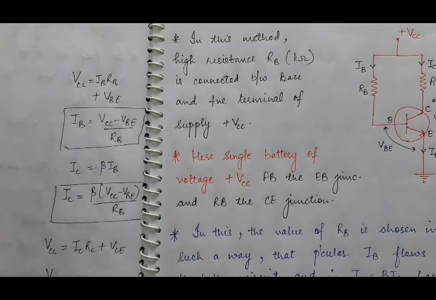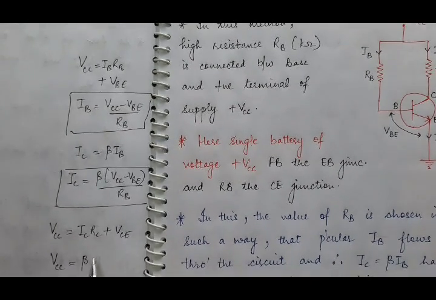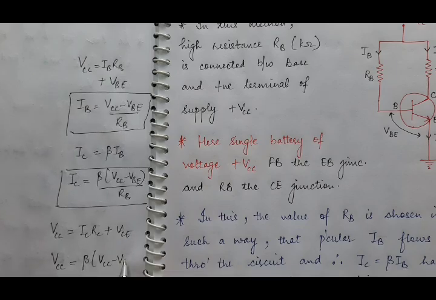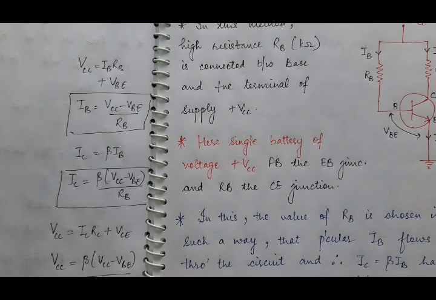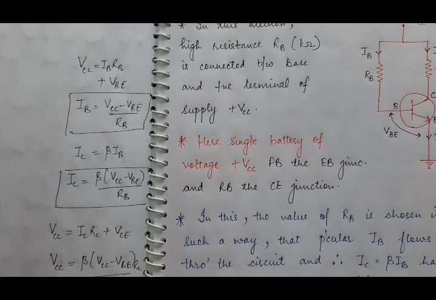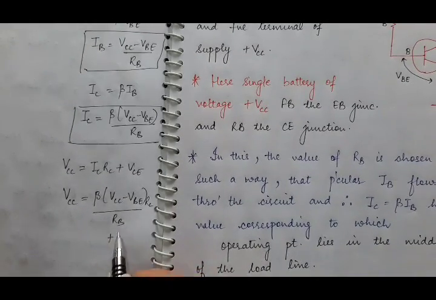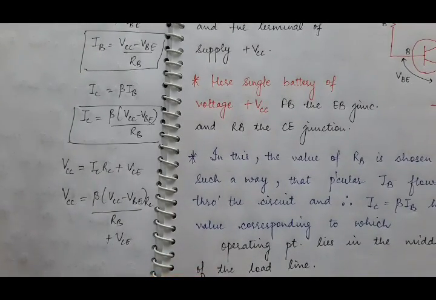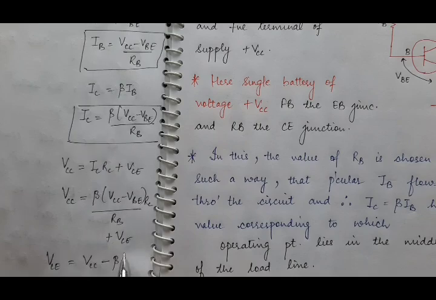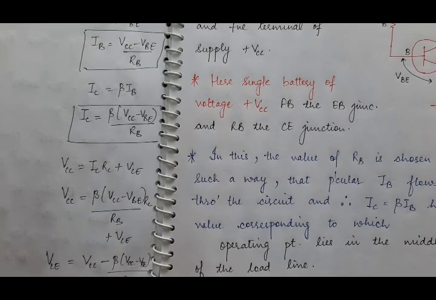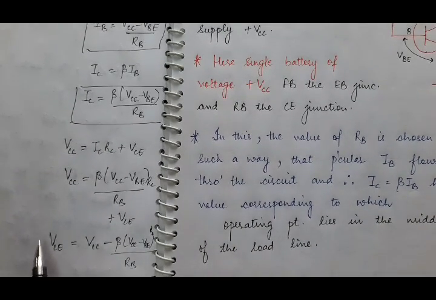So VCC equals beta times (VCC minus VBE) upon RB into RC, plus VCE. Now find VCE. VCE equals VCC minus beta times (VCC minus VBE) upon RB into RC. So this is the second coordinate of the operating point.